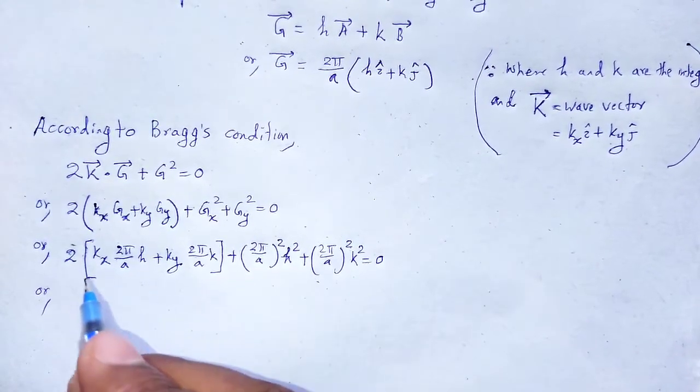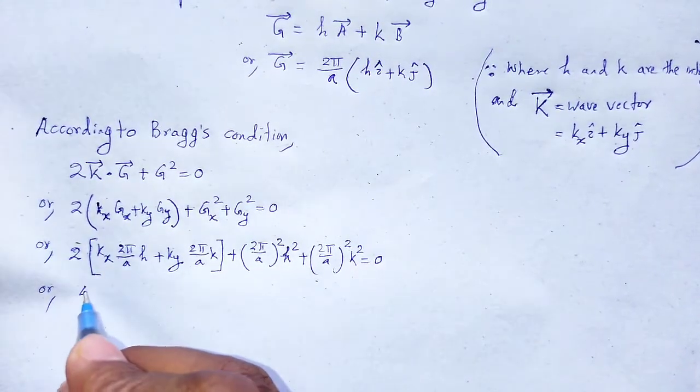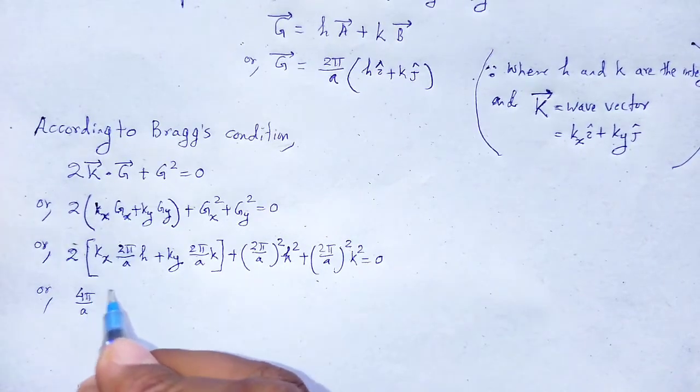Taking the common term, 2 is multiplied here, it will be 4 pi by a as common.